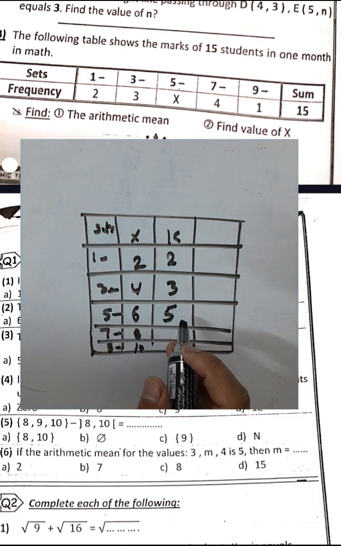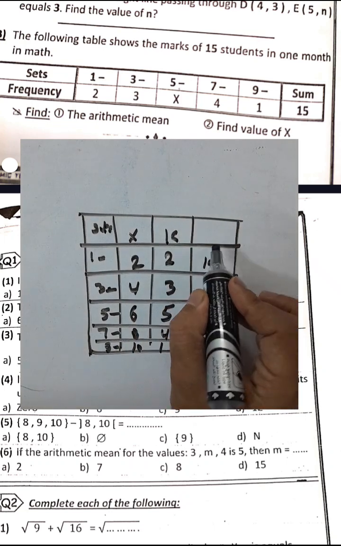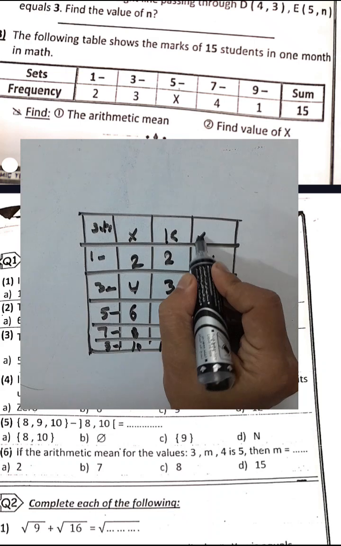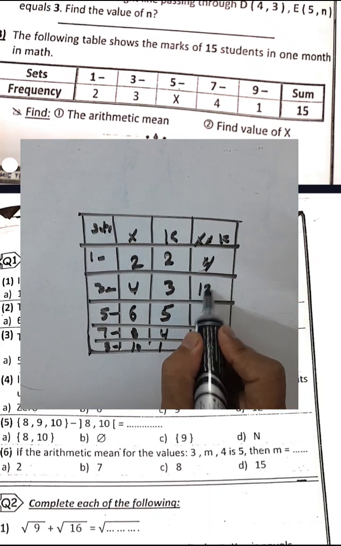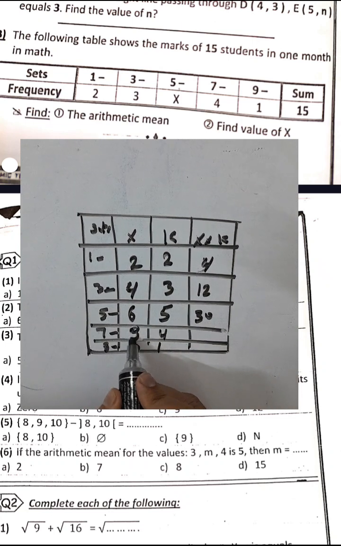And we have here the product between x and k: 2 times 2 equal 4. It was x times k. 4 times 3 equal 12. 5 times 6, 30. 8 times 4, 32. 1 times 10 equal 10.